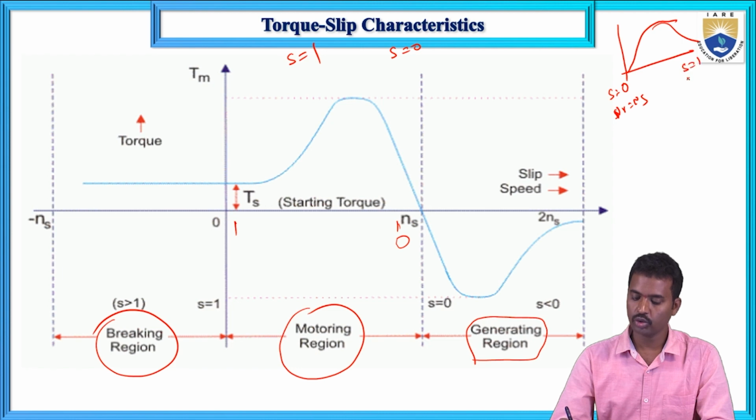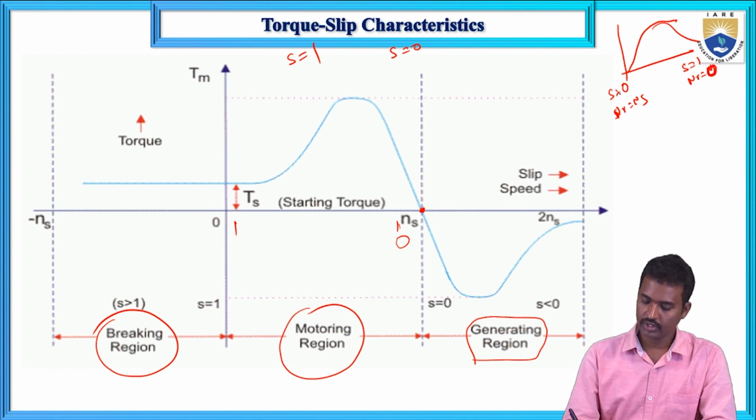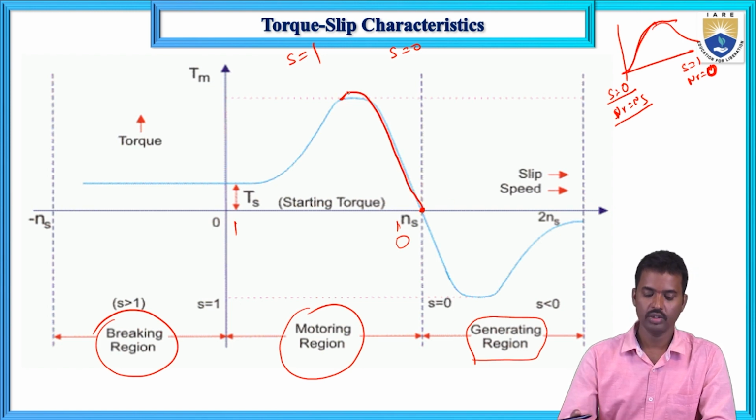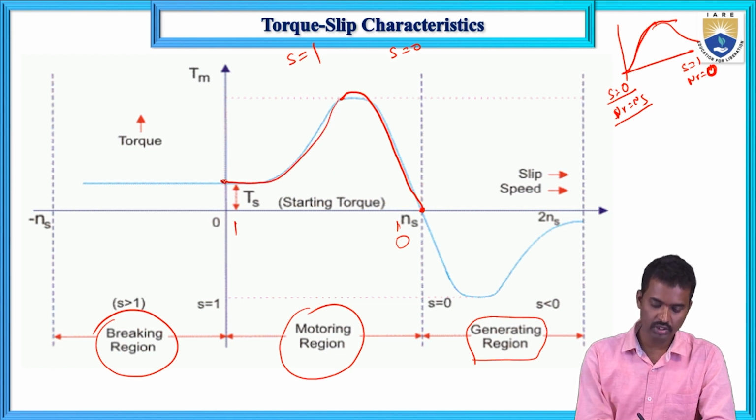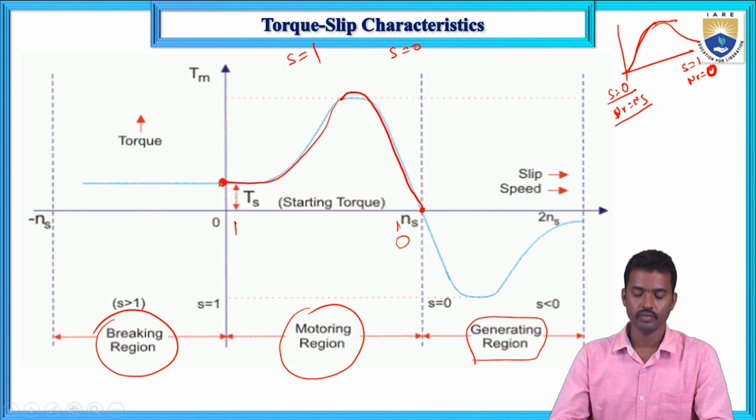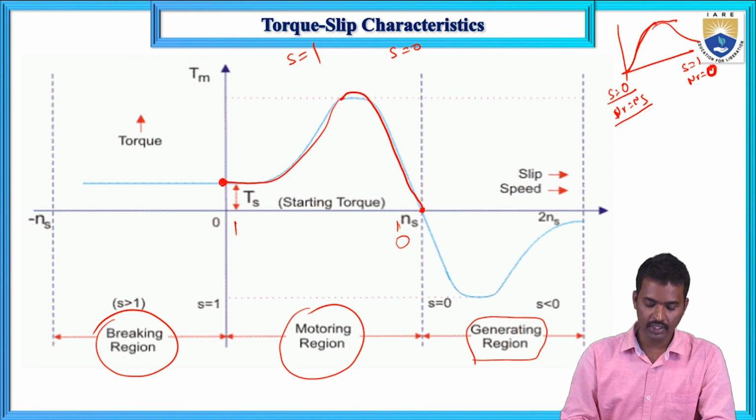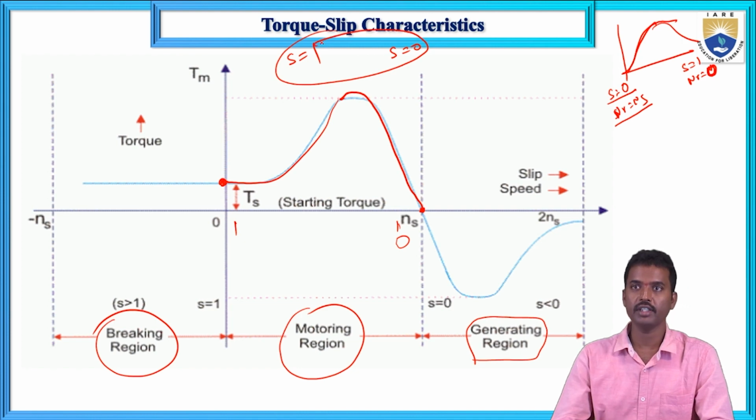And slip value equals 1, NR equals 0, speed value. This is at slip value equals 1, so this is the starting torque. This is the case for motoring, slip value from 0 to 1.